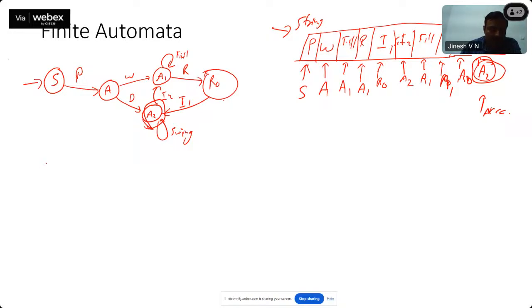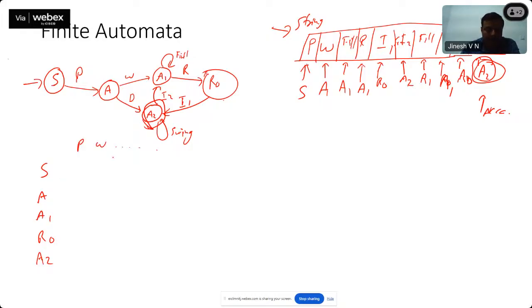So you will be representing all the set of states as S, A, A1, R0 as well as A2. Then what are the inputs? In our case, we have P, W, fill, different inputs.